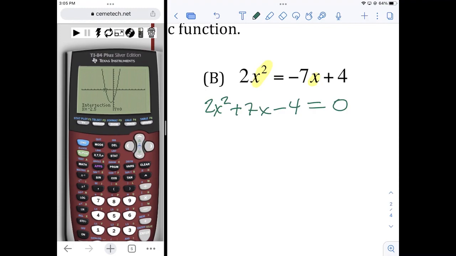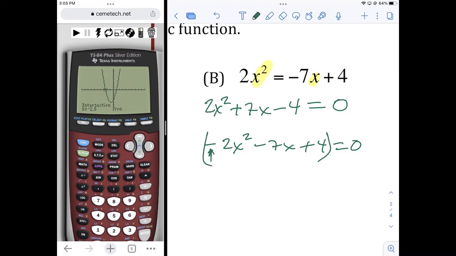A few people last period brought the 2x over to the right because they said it's only moving one term, and that's fine. It seems like less work, but then you got to flip both sides because you got the 0 on the left now, and you got to multiply through by -1. And by the way, don't fret if you did that and you get negative 2x squared minus 7x plus 4 equals 0, and you're like, oh, Mr. Corpy likes positive leading coefficients for a reason.